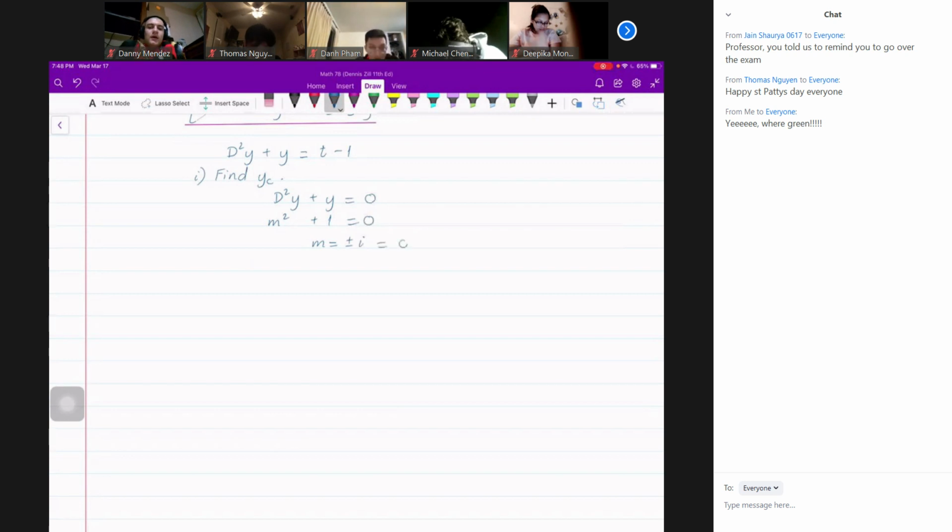So that is like 0 plus or minus 1i, and that is like alpha plus or minus beta i. So y sub c is equal to e to the alpha t, and then parentheses, c sub 1 cosine of beta t plus c sub 2 sine of beta t.